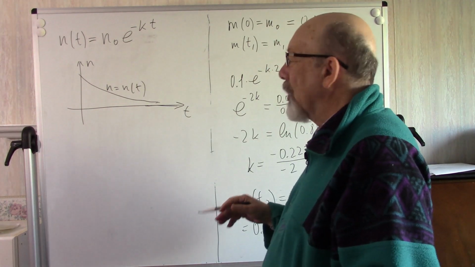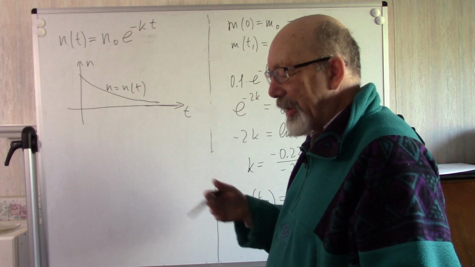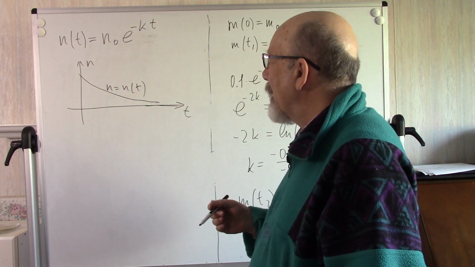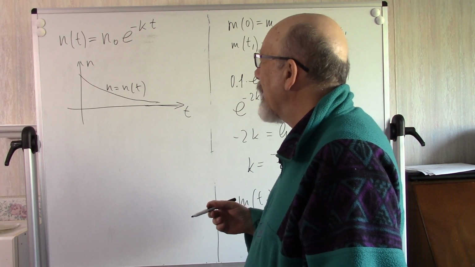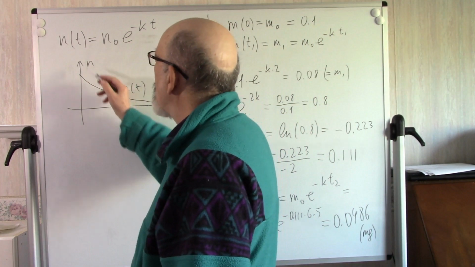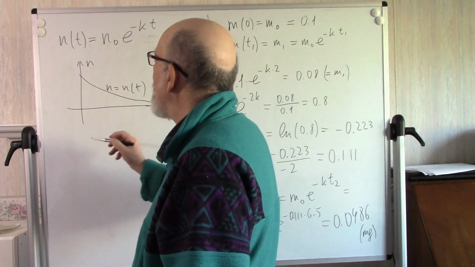It's important to somehow identify an exponential function. So the method for this is almost obvious. Let us plot not N of t but logarithm N of t.